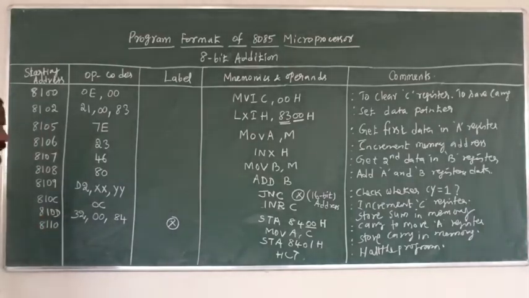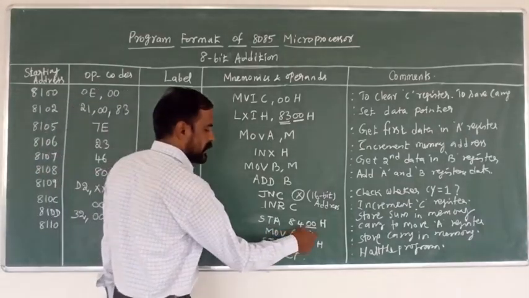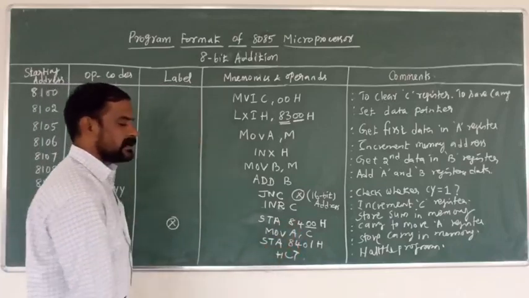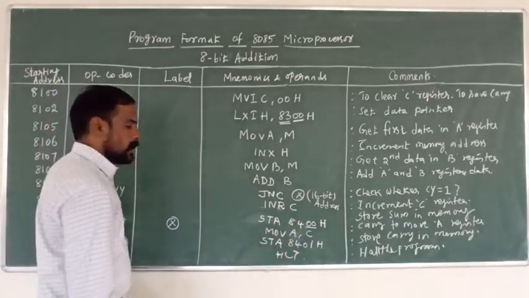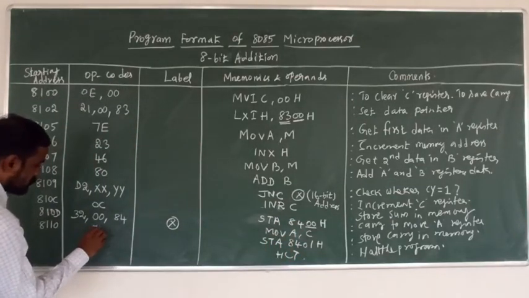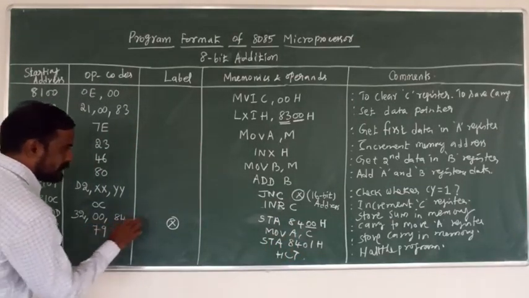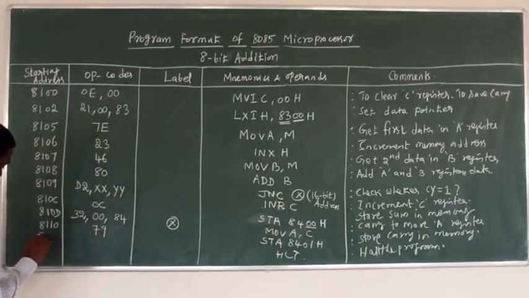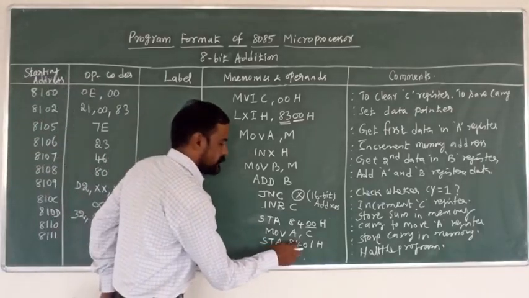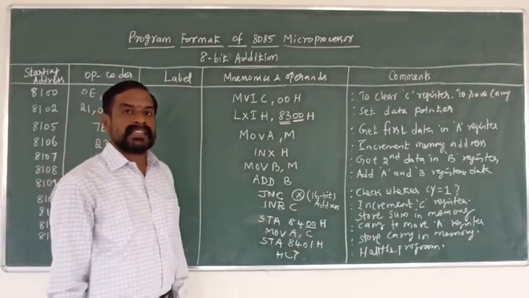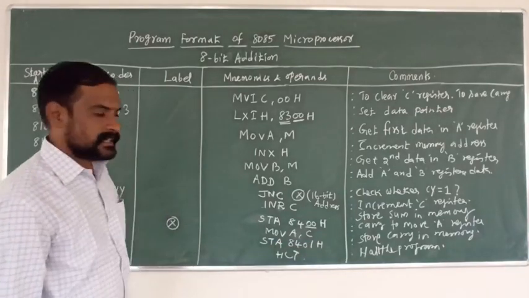Okay. Next address 8110, MOV A comma C. This is a single byte instruction, only opcode. The corresponding operation code for MOV A comma C is 79. Next address 8111, STA 8401. This is also a 3-byte instruction.